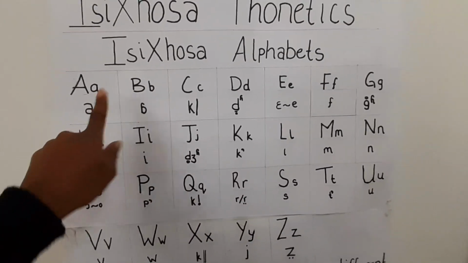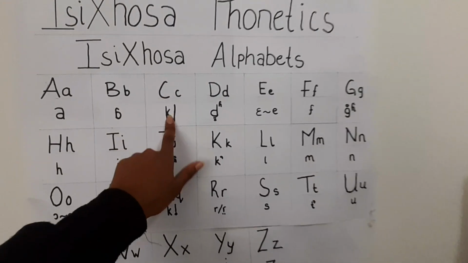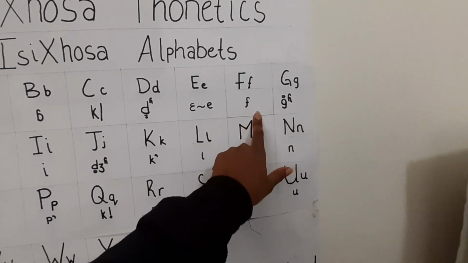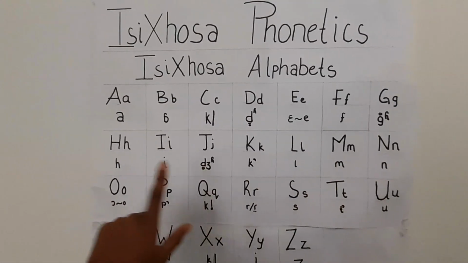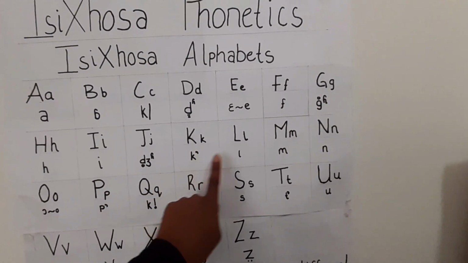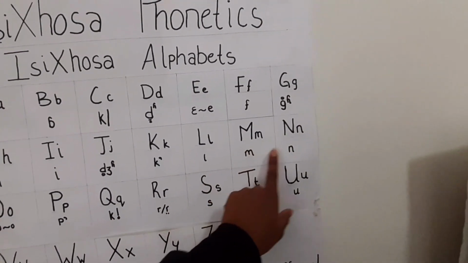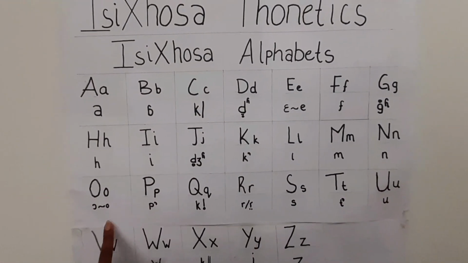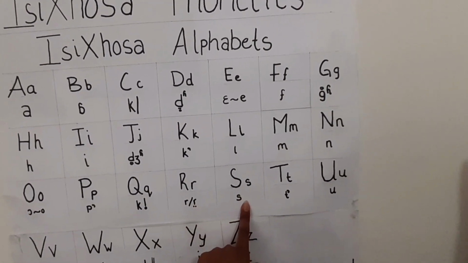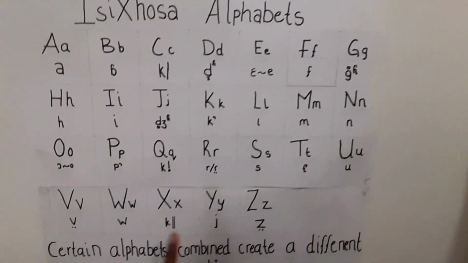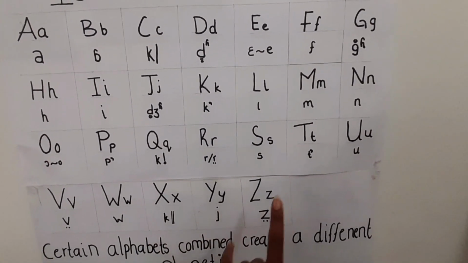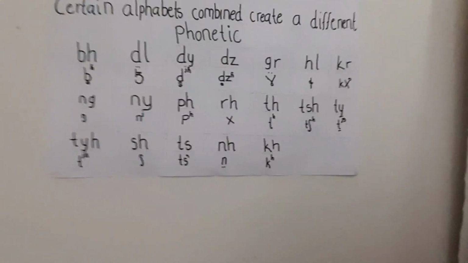This is A, this is B, this is C, this is D, this is E, this is F, this is G, this is H, this is I, this is J, this is K, and so on through to U, V, W, Y, Z. So let's have a look at the next part, okay?